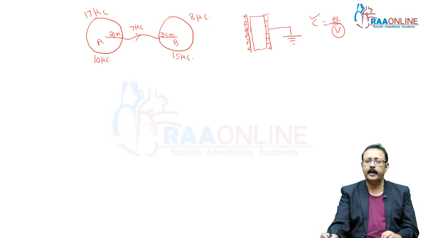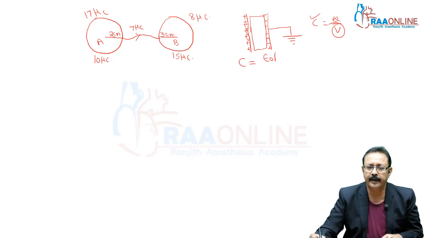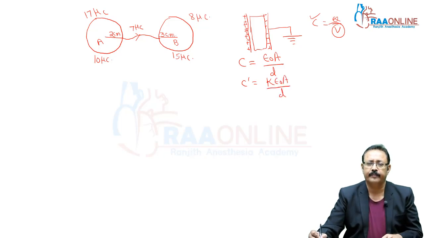This is known as parallel plate condenser, and its capacity you can calculate by epsilon naught A upon D. If dielectric constant is there, then capacity will become K epsilon naught A upon D.